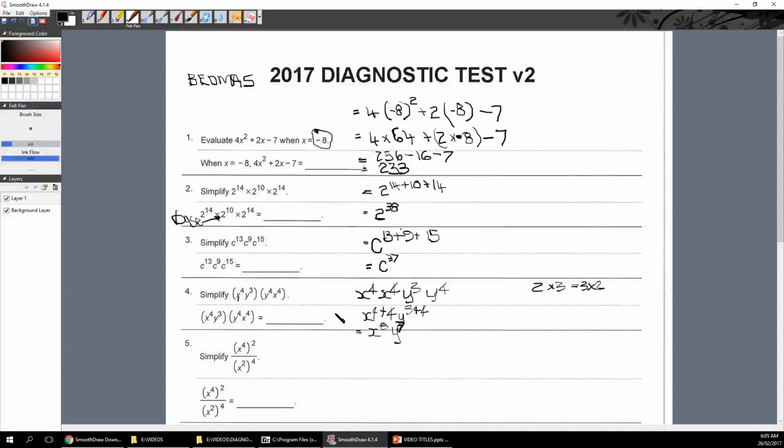Okay, yeah, x to the power of 8, y to the power of 7. I hope you can see that there. I think that's the best I can do.